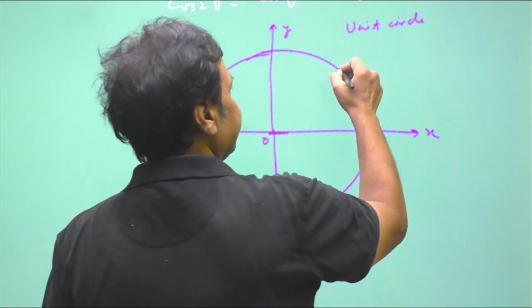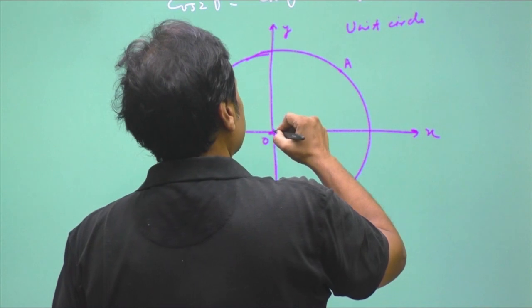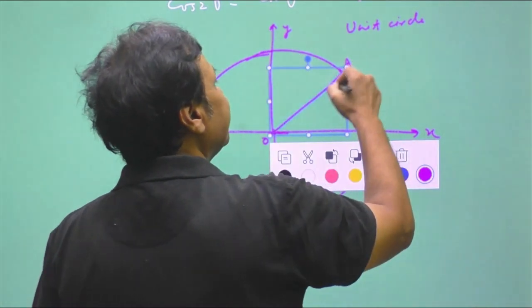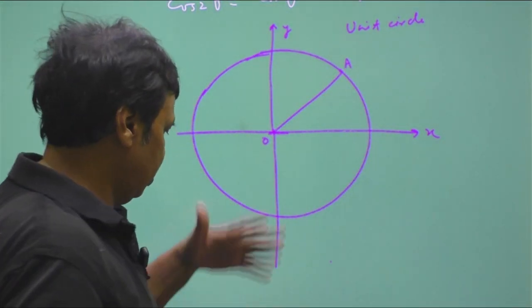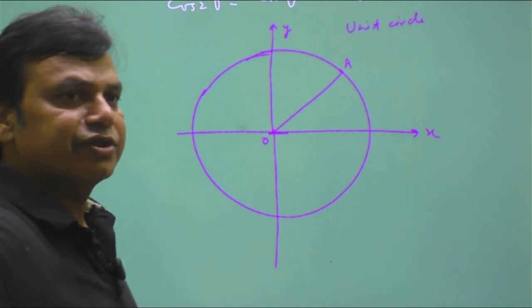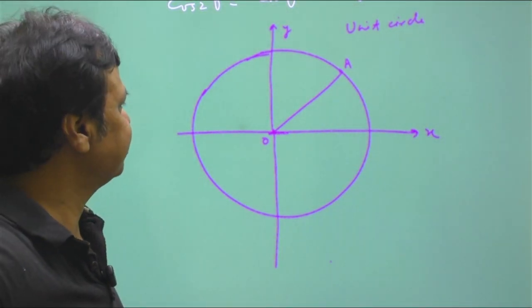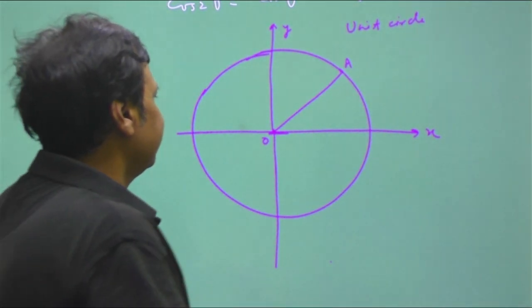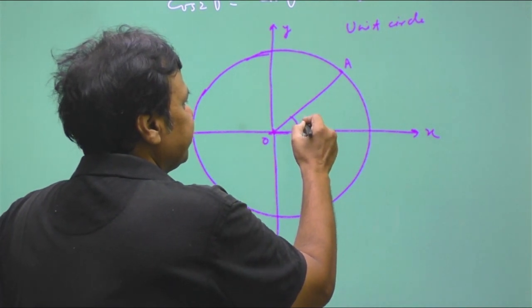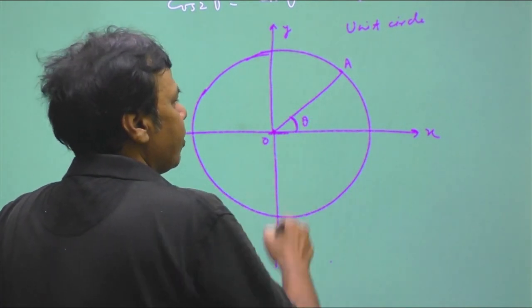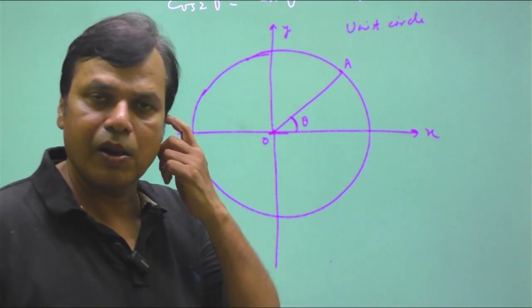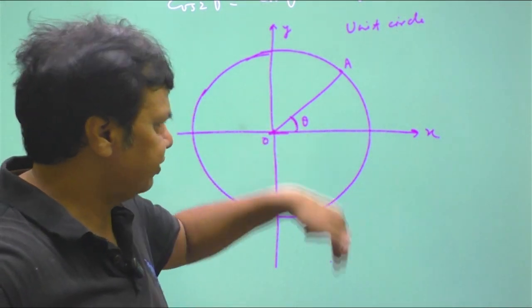Let's take a point here, A. So that OA length will be equal to 1. Let's make this angle theta.